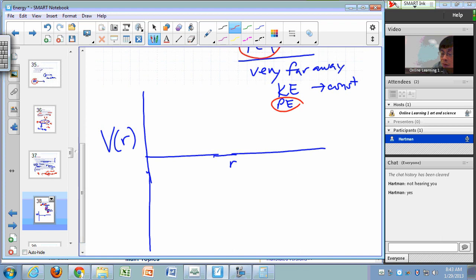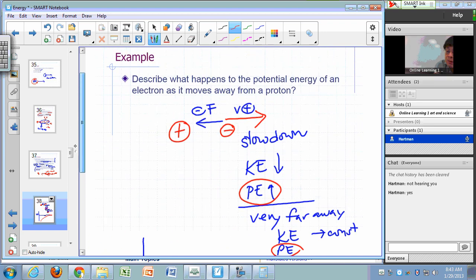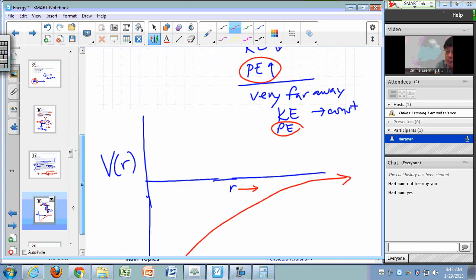So as distance increases, the potential energy is going to be rising toward zero as the two particles separate to infinite distance from each other. Okay, so that's what the sketch looks like for the potential energy of interaction between a proton and an electron.